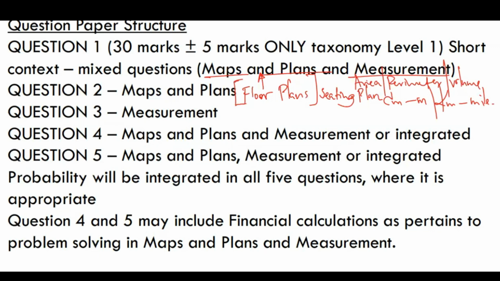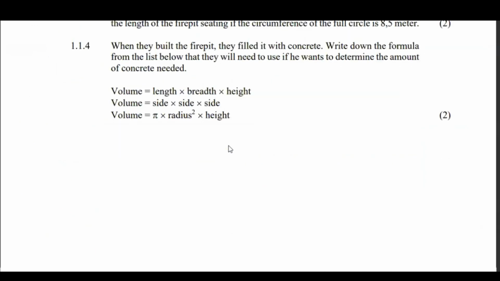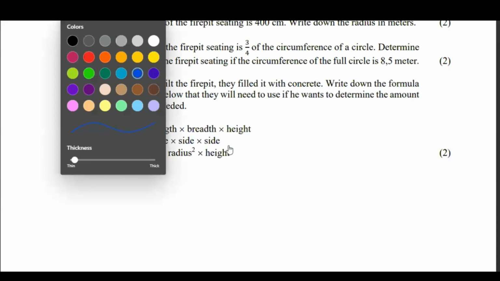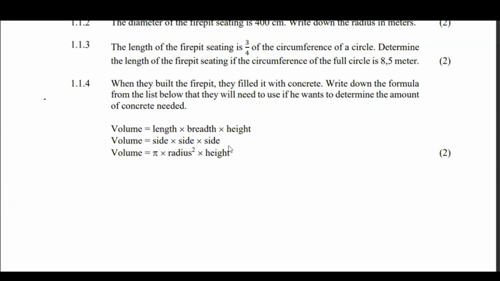Then when you look at measurements, you should come knowing these formulas, because we expect them to be off head. These formulas are supposed to be off head. All right. Volume. Now, this is for a rectangular prism.